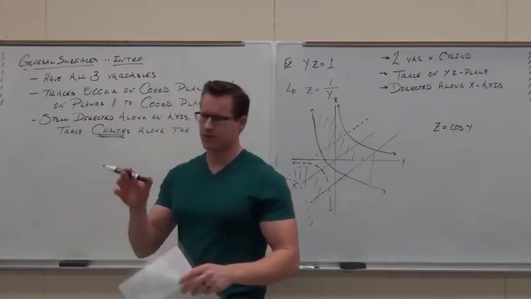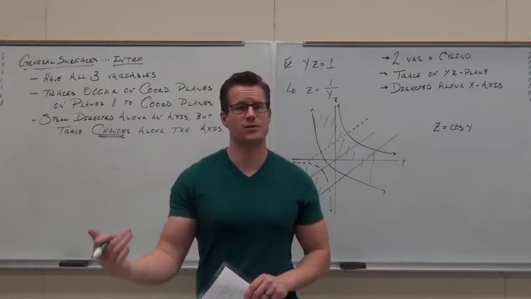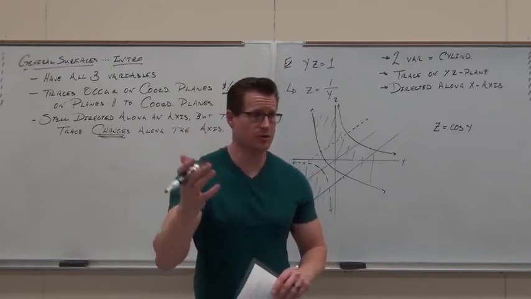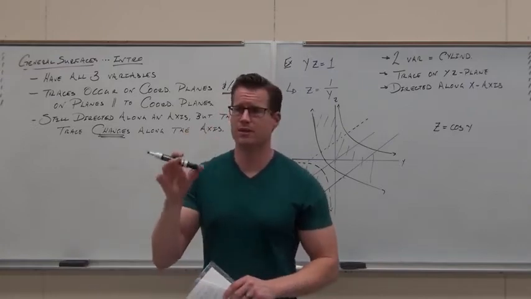Firstly, we're going to determine what type of surface we have. I'm going to give you the formula, so you're going to be able to do that. So, determine the type of surface.